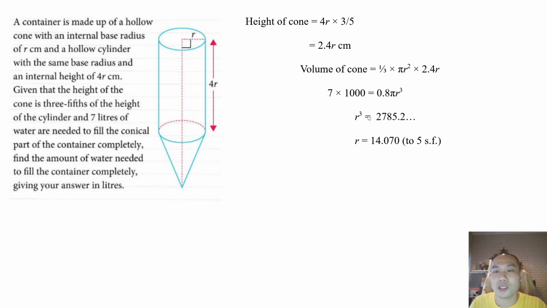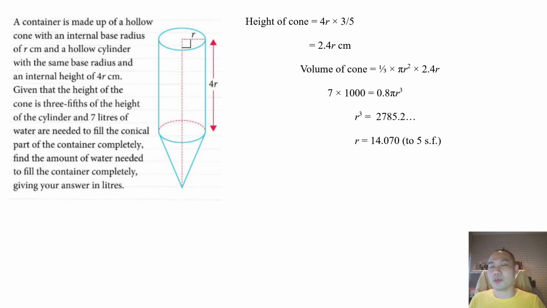To find r cubed, just take 7,000 divided by 0.8 pi, which gives us 2,785.2 something, it goes on. Then we take the cube root of it. Our radius is about 14.070 centimeters.